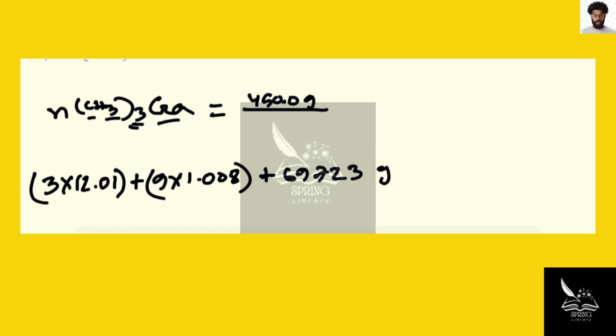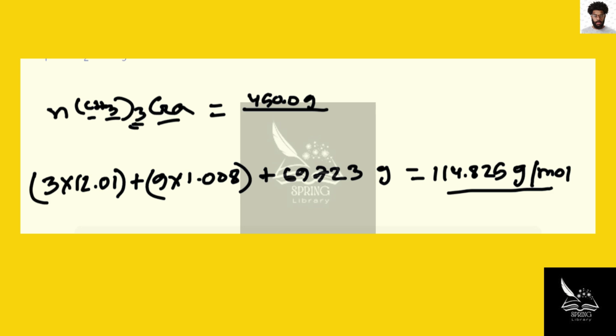All of these are in gram, so it will give us a value of 114.825 gram, and this is the mass of 1 mole of trimethyl gallium. That means 114.825 gram per mole is the molar mass of trimethyl gallium.